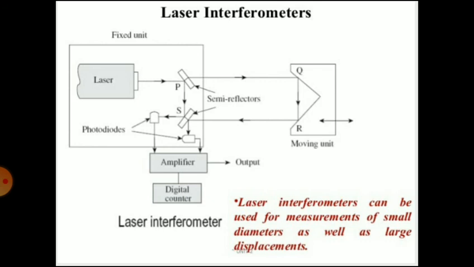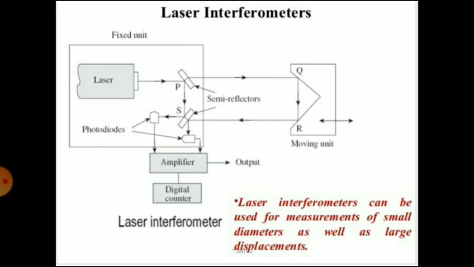Light is turned through 180 degrees by the corner tube and recombines at the semi-reflector S. The partially reflected light from P to Q is turned through 180 degrees through R and recombines at the semi-reflector S. If the difference between these two paths of light, that is PQRS minus PS, is an odd multiple of half wavelength, that is out of phase, then interference will occur at S and result in a dark spot because the diode output will be minimum.